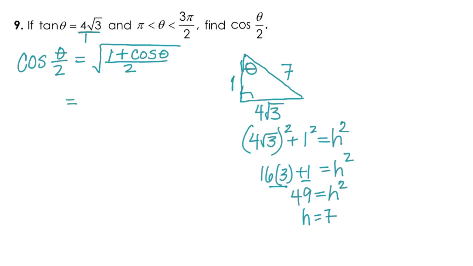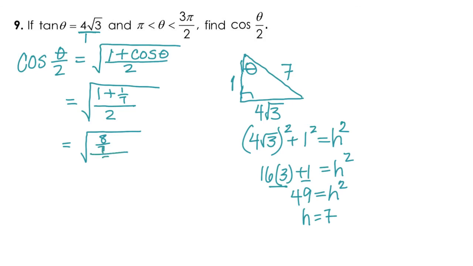So we're going to have the square root of 1 plus cosine, which is going to be 1/7, over 2. So then that's going to be the square root of, so 1 plus 1 over 7, that's going to give me 8 over 7.